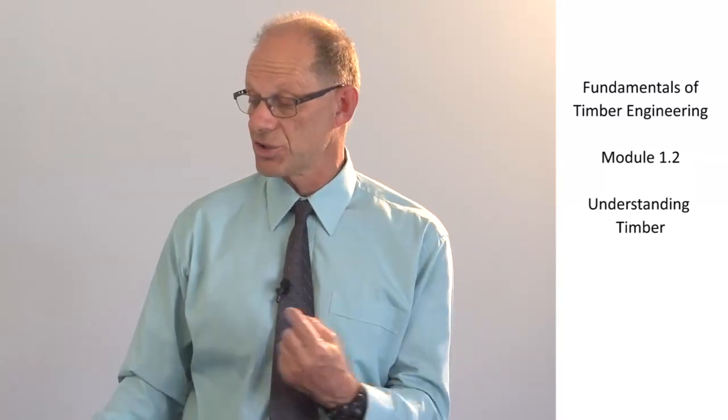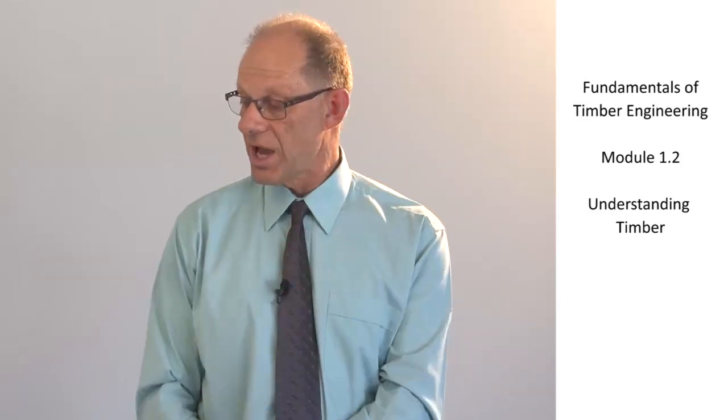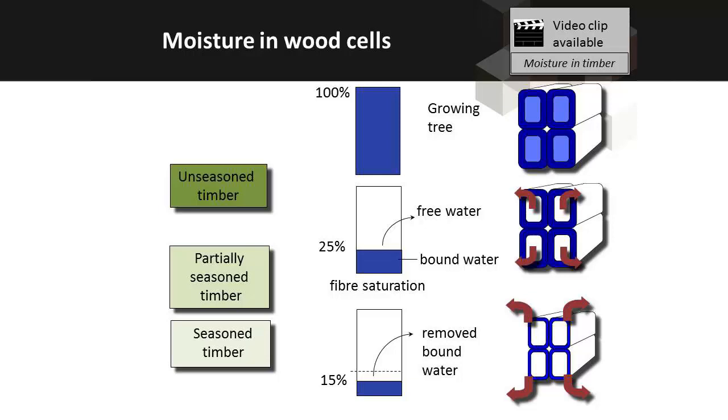Now those cells in a growing tree are full of moisture, so that there is water in all of the cell voids, and all of the cell walls are pumped up with water as well. In terms of production, we remove as much moisture as we possibly can out of the tree as part of the production process.